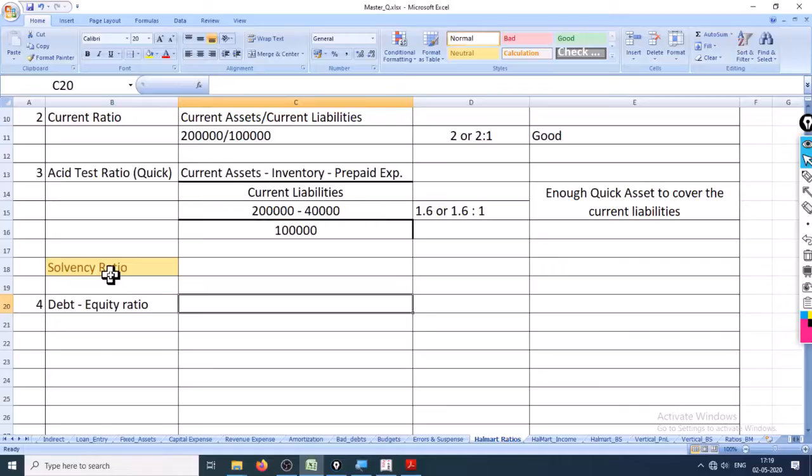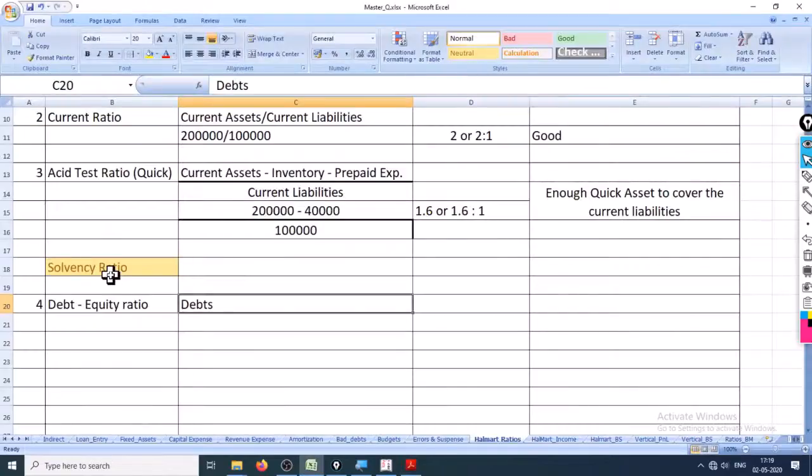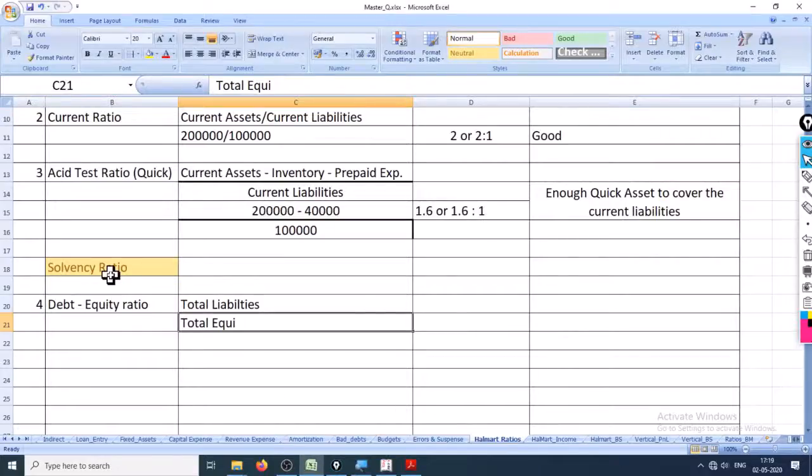The formula is debts upon equity. If you want to write an extensive formula, you can go ahead: total liabilities upon total stockholders equity.